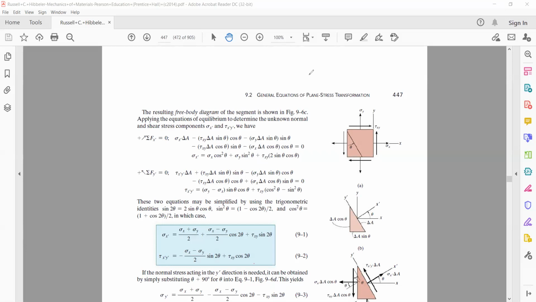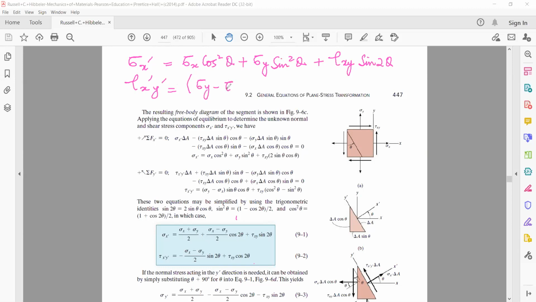One of the equations that we derived was sigma x prime is equal to sigma x cos square theta plus sigma y sin square theta plus tau xy sin 2 theta.